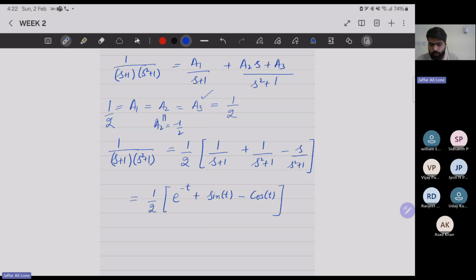So making use of the Laplace transform, convolution also becomes very, very easy, right?